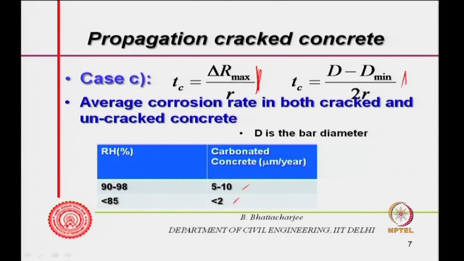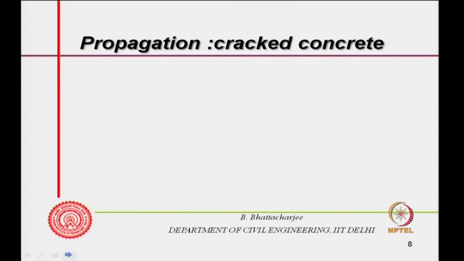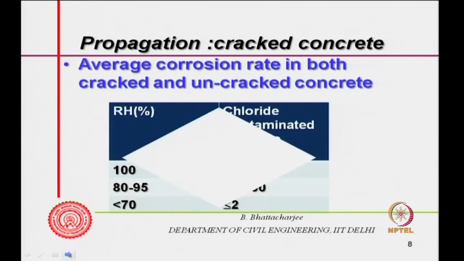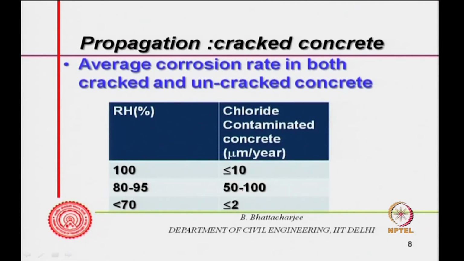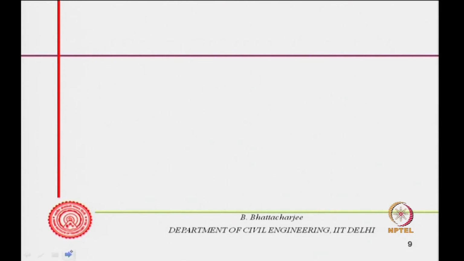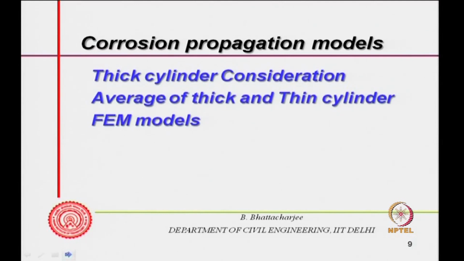For carbonated concrete, for 2 cases it is shown, for other cases these values are available. So, it gives you some guidelines, and in the chloride situation, average corrosion rates are given for different relative humidities to be used in this formula for cracked concrete, the concrete which is already cracked. Now, basically cracking of cover concrete is an important issue, and it can be modeled.